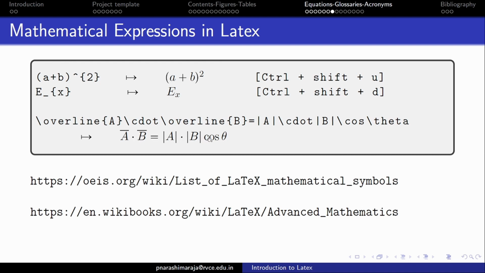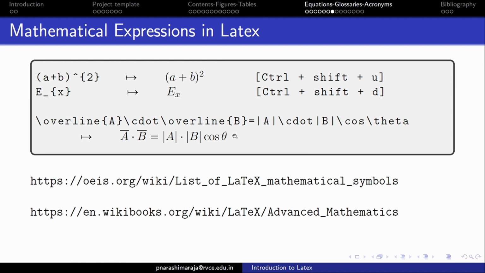In order to write this mathematical expression, we have to write this entire line, which is backslash overline with a, such that it creates a line at the top of the letter A, and cdot would represent the dot, and again backslash overline of b will create an overline over this vector b. These are the commands that we generally use to create this set of things.